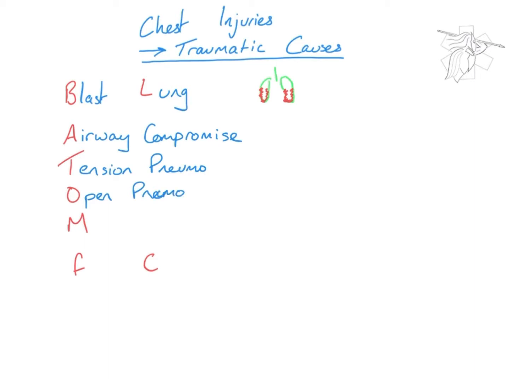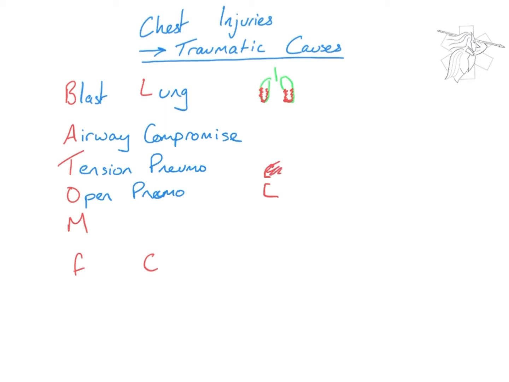Oops, forgot my O there. So open pneumothorax. This is a hole in the outside of the chest that's gone through to the inside of the chest. There's involvement with that sac that the lungs are in again, and that hole is communicating air from the external environment to the inside of the chest.